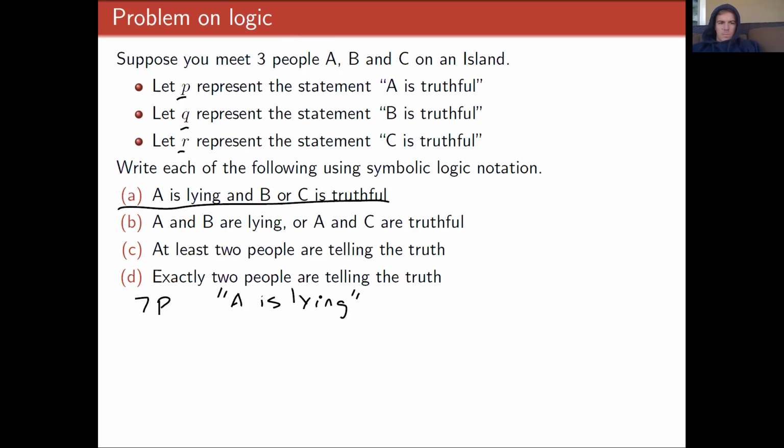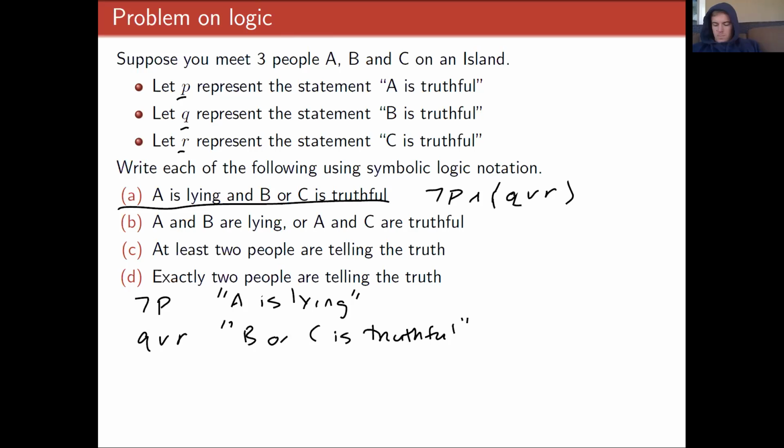And then if we want to say that B or C is truthful, then we could just say Q or R. Since that would just be that Q is truthful, or that B is truthful, or C is truthful, so that's the same as B or C is truthful. So for A, we could have the statement not P and, excuse me, Q or R. So A is lying and B or C is truthful.